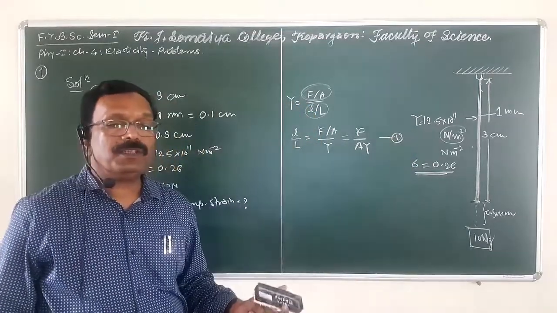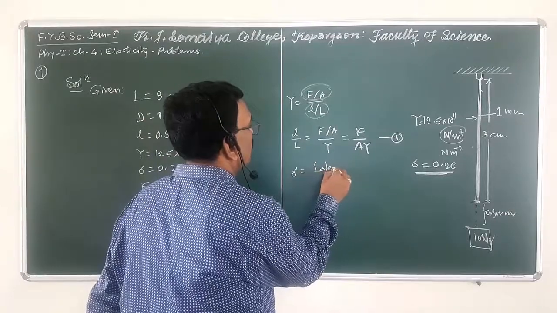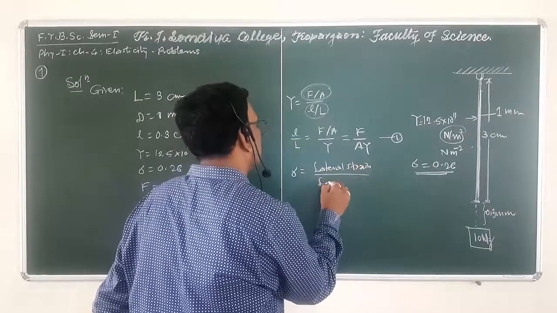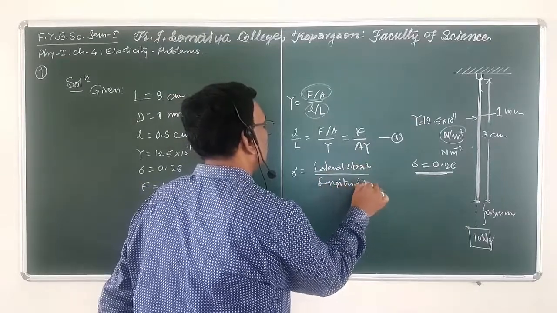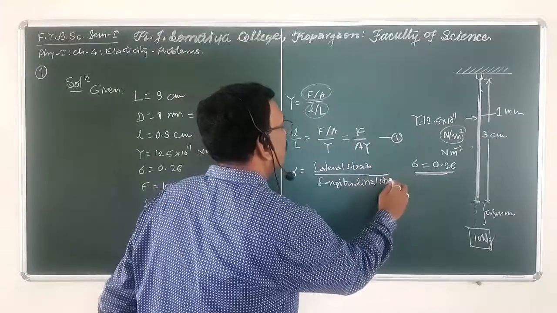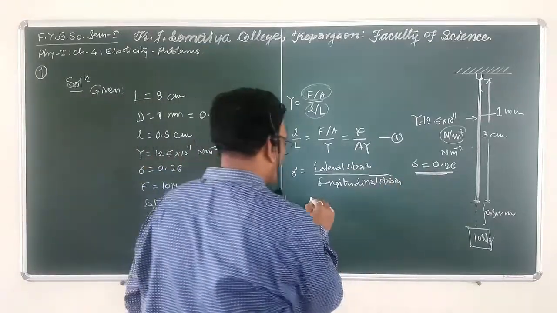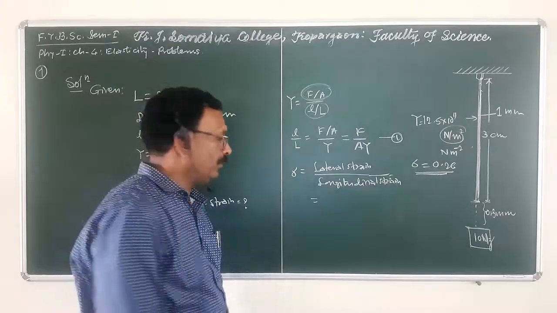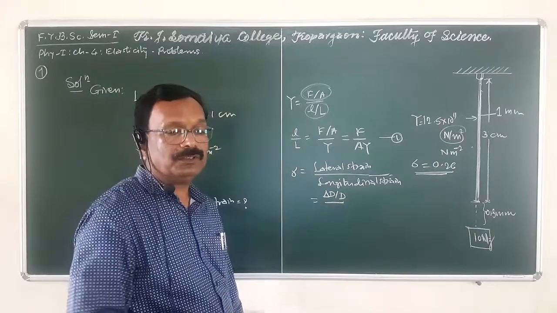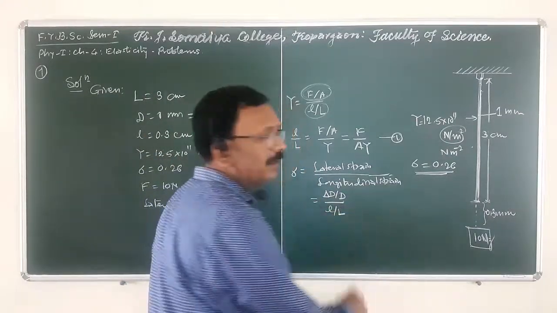Now Poisson's ratio. What is Poisson's ratio? Sigma is equal to lateral strain upon longitudinal strain. Lateral strain is nothing but change in diameter per unit original diameter, delta D upon D. And longitudinal strain is nothing but change in length upon original length.